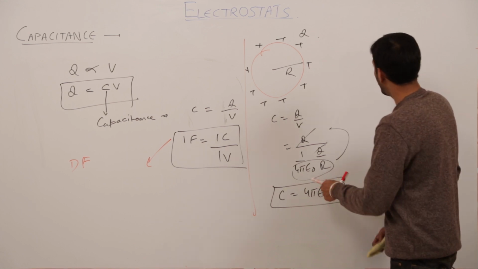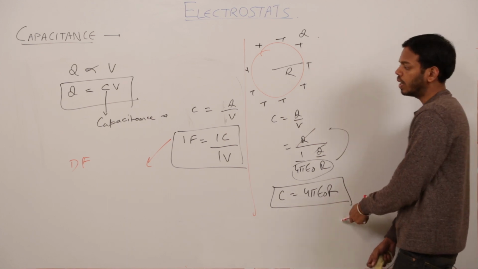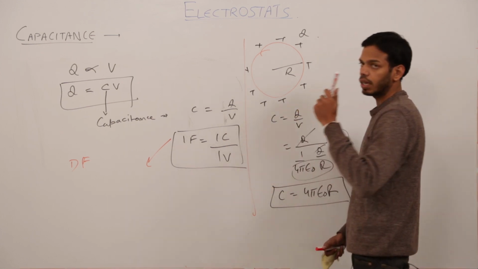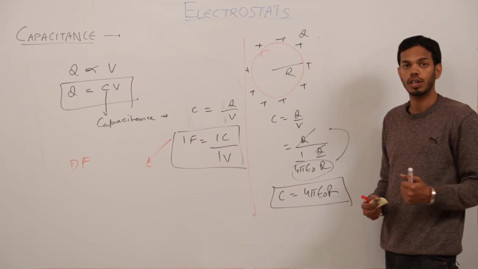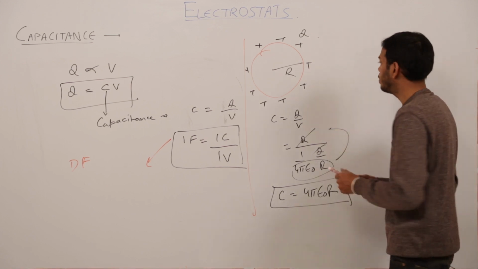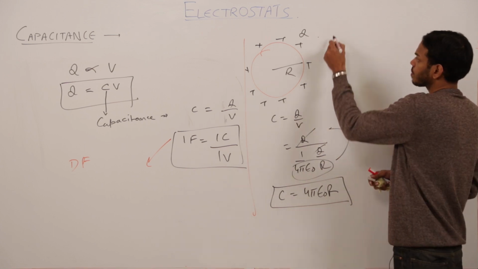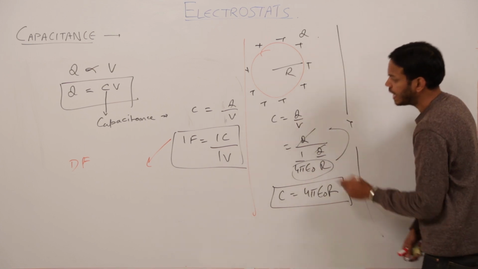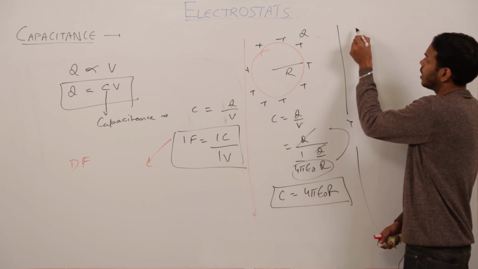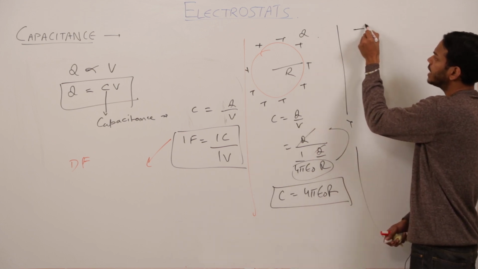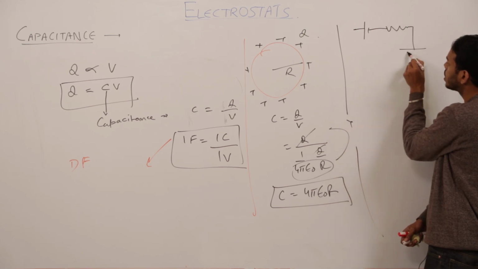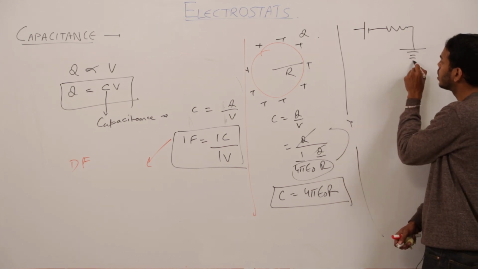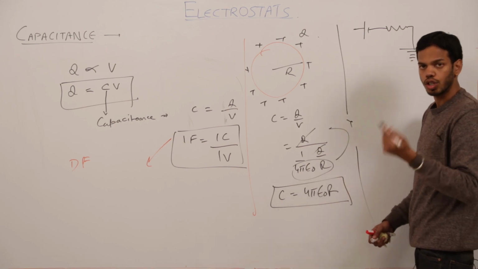Note that you can apply this same formula for finding the capacitance of Earth, if we know the radius of Earth. Earth is a big conductor, a big spherical capacitor. It will clear up one more thing. Consider any circuit whose one end is connected to Earth. What do we mean by Earth? Having zero potential.